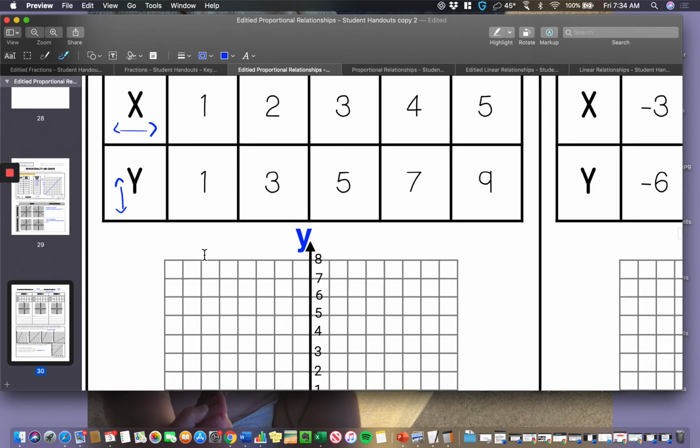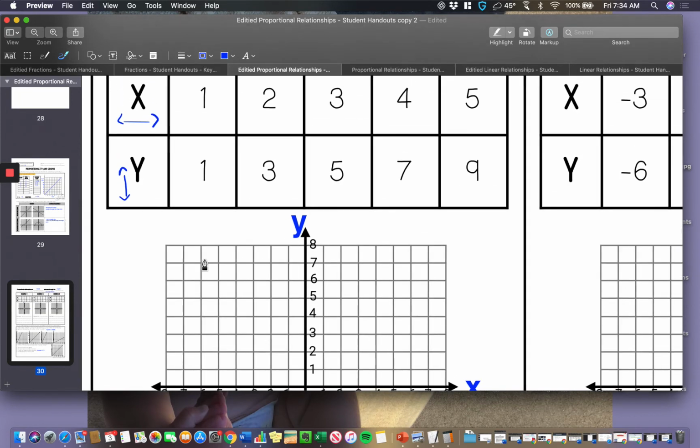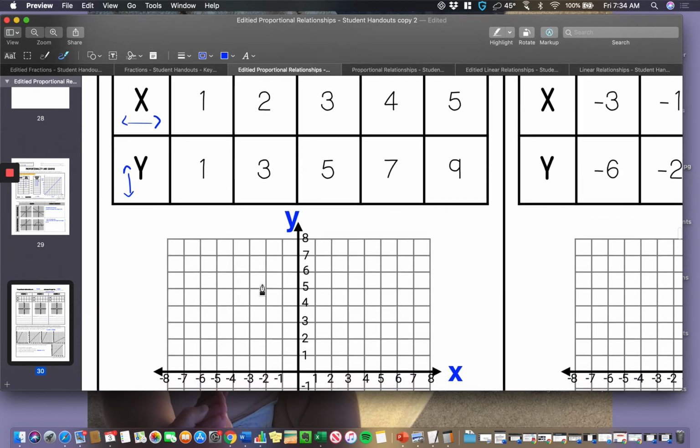All right, so what I want to look at is the ordered pair 1 and 1. So I'm moving left to right first, starting in the middle. I'm going to move right 1 and up 1, and I can plot a point right here.